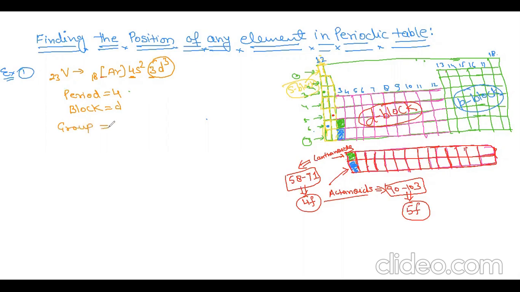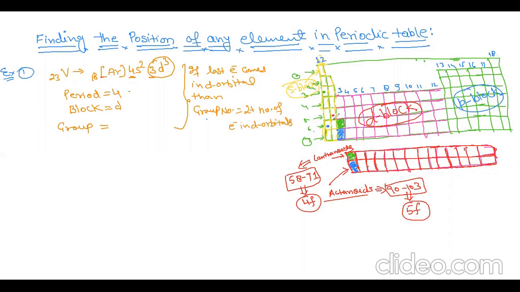For a d orbital, note, if the last electron comes in the d orbital, then group number equal to 2 plus the number of electrons in the d orbital.